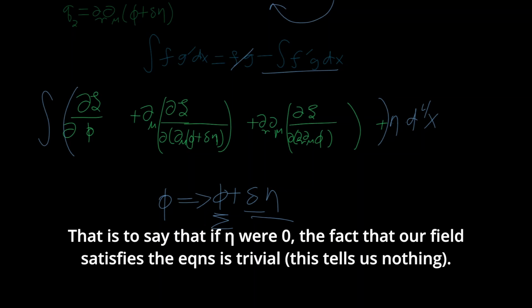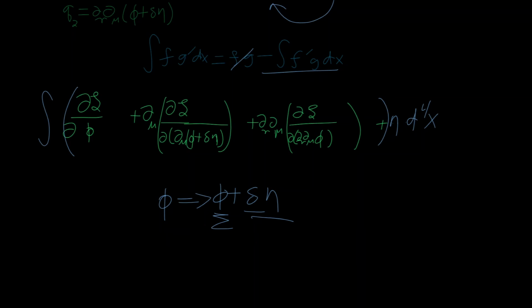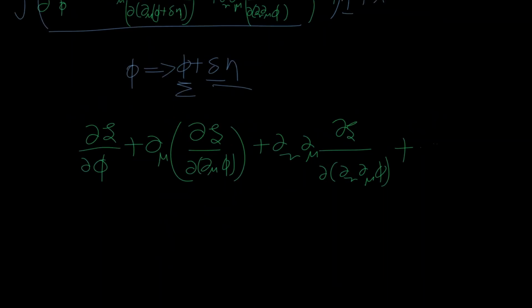So we assume a non-zero nu. The only possible way for this integral to be 0, if this isn't 0, is for all of this right here to be equal to 0. And that right there, ladies and gentlemen, are the Euler-Lagrange equations. So these right here are the Euler-Lagrange equations.